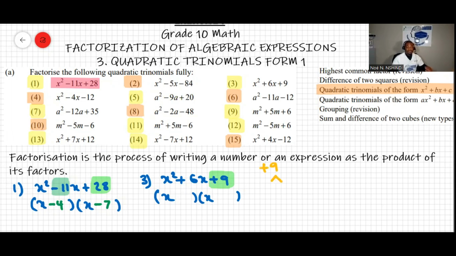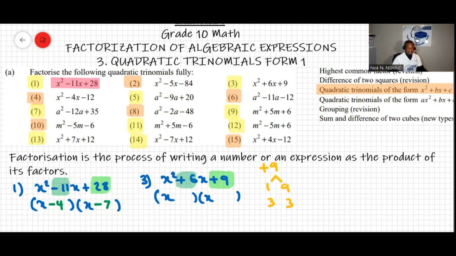Now I'm going to list all the factors of 9, in ascending order preferably. So we're going to have 1 and 9, and then 3 and 3. 1 and 9 because 1 times 9 makes 9. 3 and 3 because 3 times 3 makes 9. Now in the list of the factors of 9, I will identify which couple will make a sum equal to positive 6.